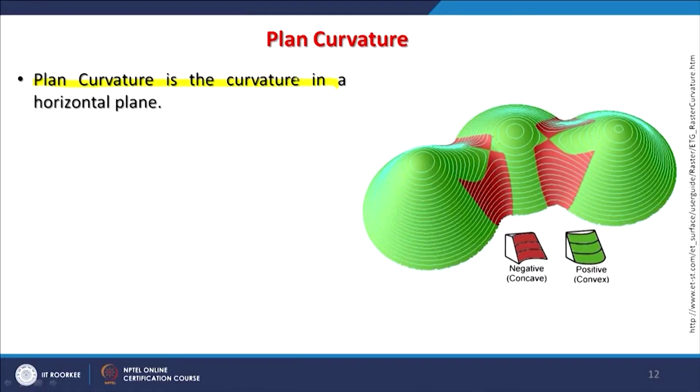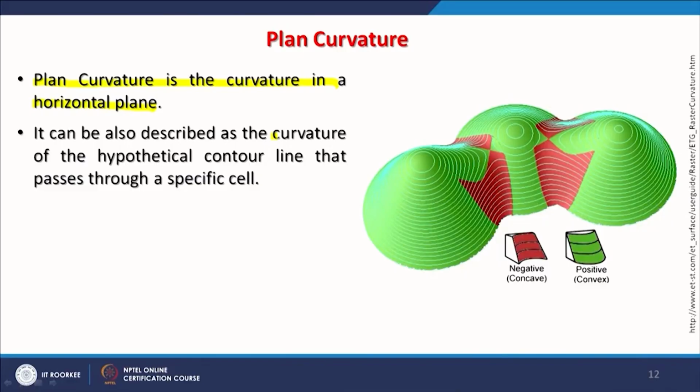First we will discuss the plan curvature, that is, when we consider the curvature of a curved surface in a flat plane. The plan curvature is the curvature in a horizontal plane, like planimetric area. So, when we measure or try to understand in a horizontal plane, it becomes our plan curvature. It can also be described as the curvature of a hypothetical contour line that passes through a specific cell, like the various contour lines shown here passing through various cells.